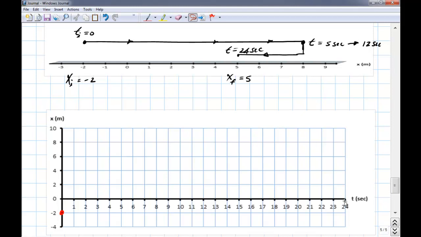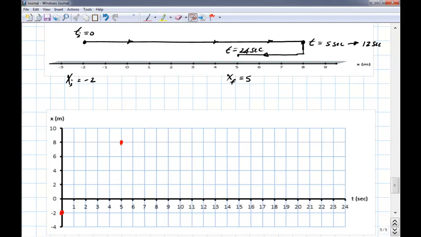Again, the time has a value of 0, and the x value, which is vertical now, has a value of -2. The next point of interest corresponds to a position of 8. So 8 is right here at a time of 5 seconds, which of course is a time of 5. If we intersect those two, we find that there's a dot located right here.